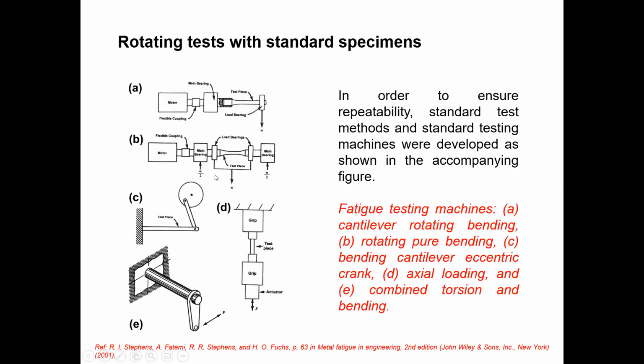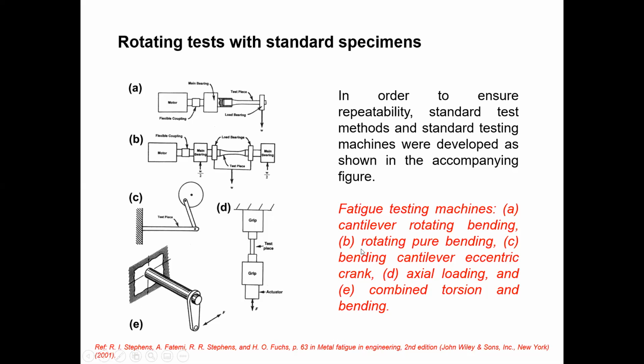Due to this loading, there is a bending moment, and due to bending the top surface will be under tension and the bottom surface under compression. With the rotation, every point at one time is under tension, and the next second it is under compression.